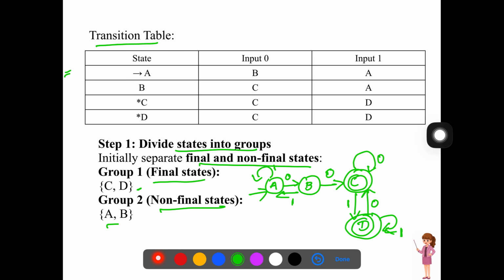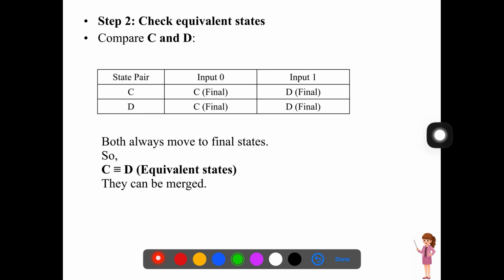Step 2. Check the equivalent states. Compare C and D. From C, with input 0 we go to D, with 1 we go to D. From D, with 0 and 1, it always moves to the final state.